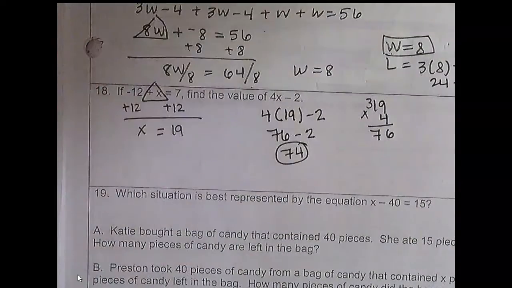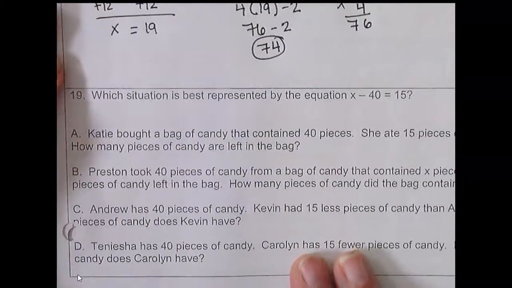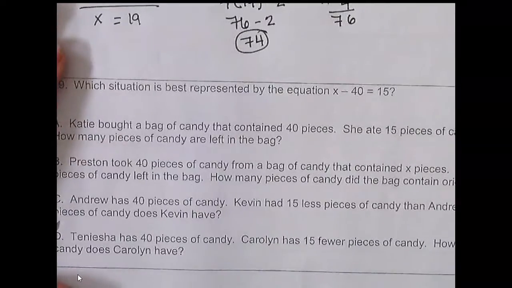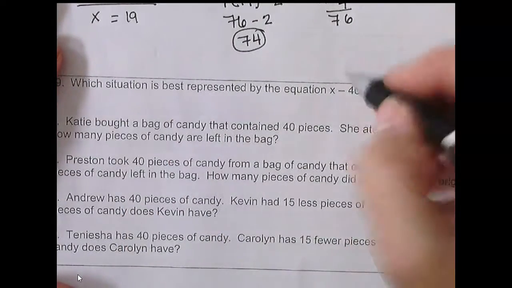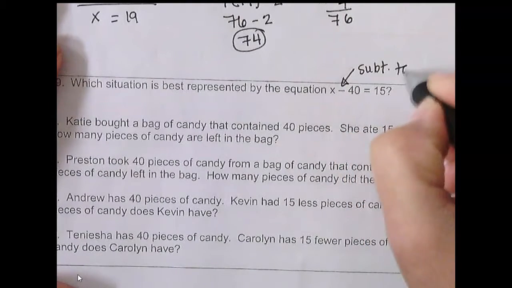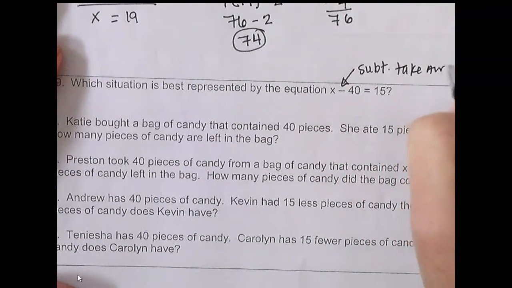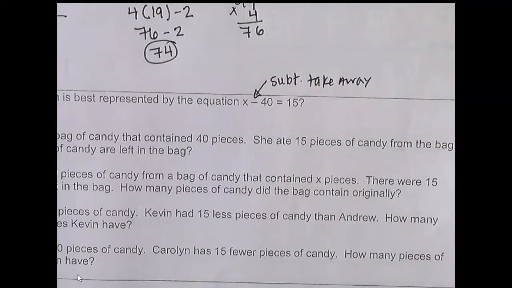Question 19. Which situation best represents this equation? So before we get too carried away with reading all these stories and confusing yourself, that's a subtract sign, right? That's a takeaway. That would be like a haircut. When you have a haircut day, your hair don't grow. Whatever happened, it disappeared.